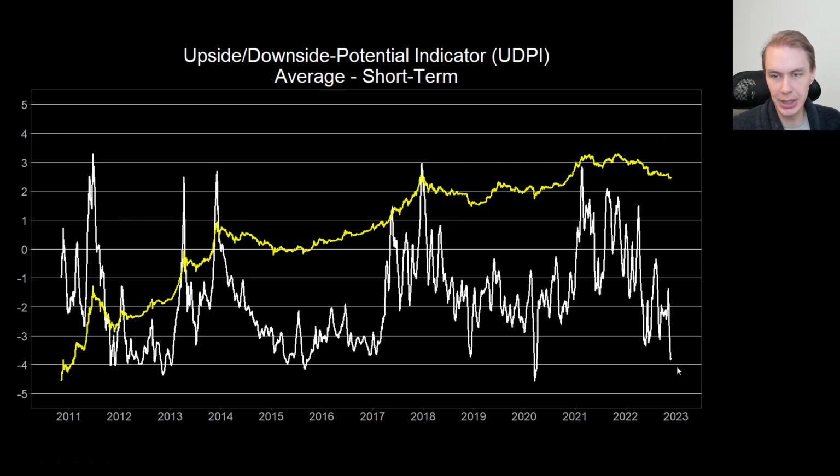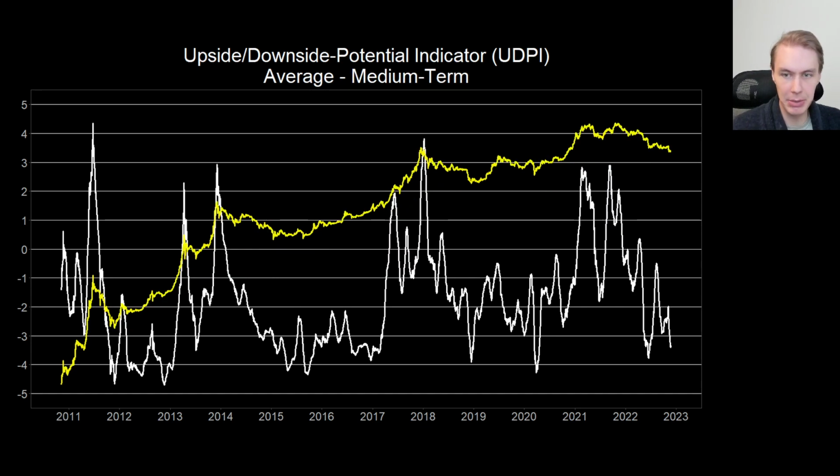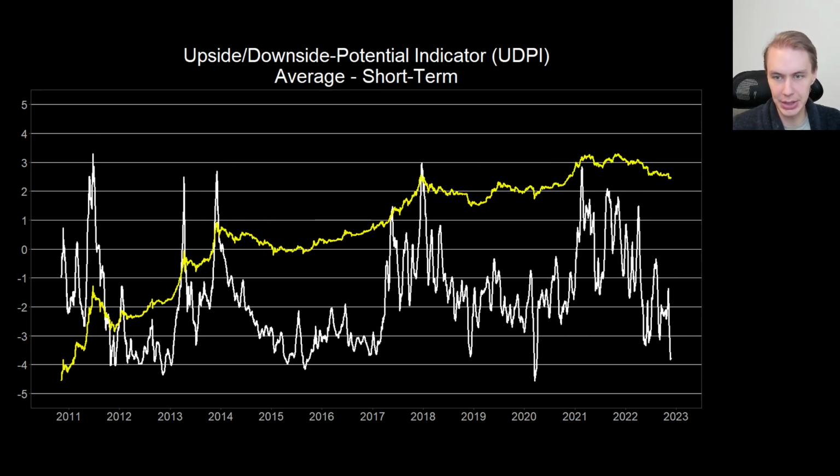And what that tells me is that it's possible that in the short term, days to weeks, the more immediate term, the model thinks that it's likely that we're exhausting the short-term downside, and that some sideways consolidation at the minimum is what we might look for here until maybe we go ahead and realize some of that longer-term downside that the medium and long-term average UDPIs are picking up on. So that's something that I'm watching.